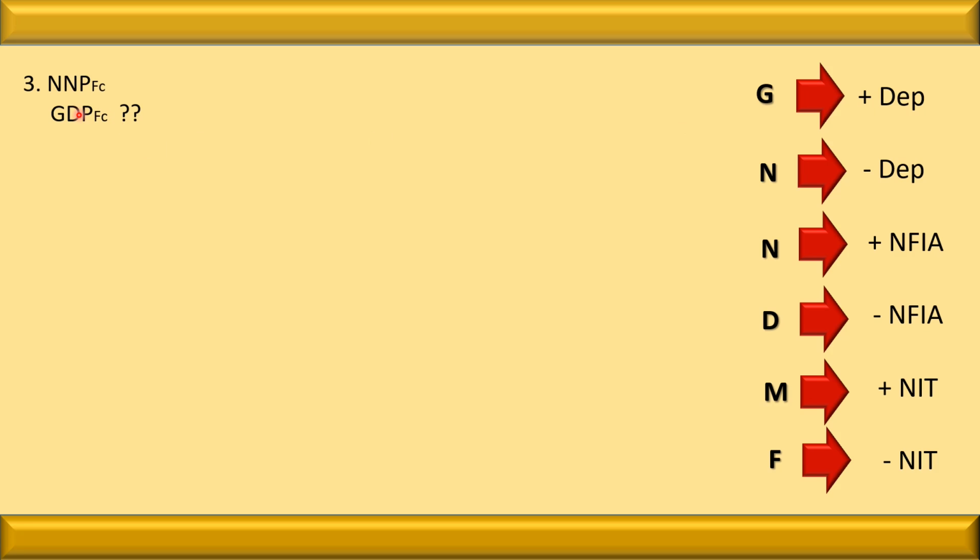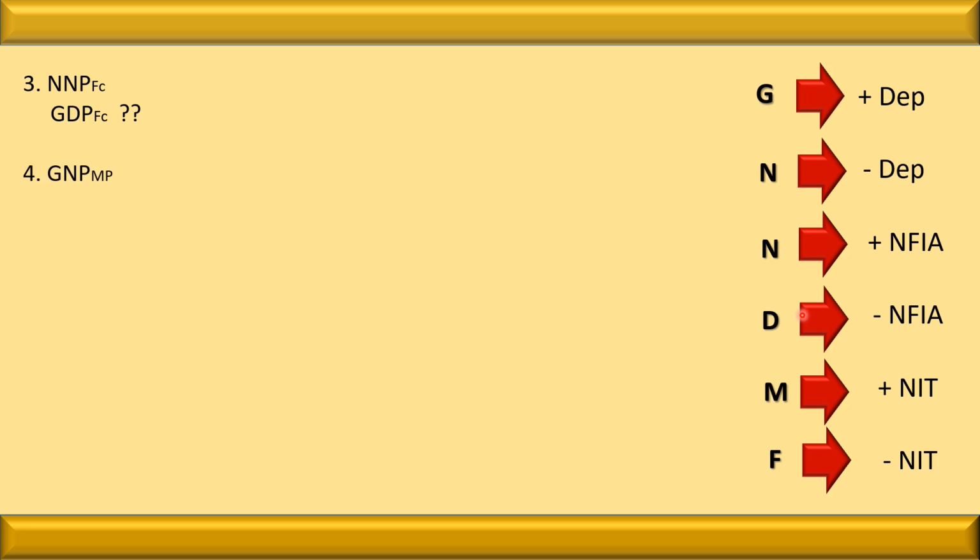From N to D, we have to deduct NFIA. FC and FC is same, so we don't have to do anything because the third pair is already done. We will keep the third pair as such. So we will add depreciation and we will have to deduct NFIA.